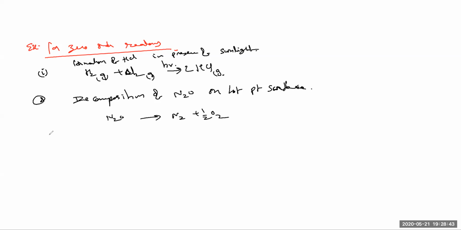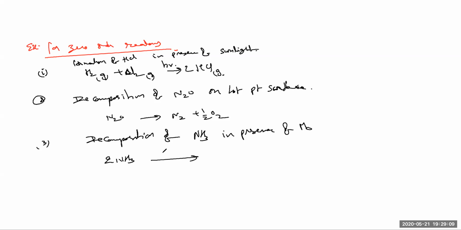Next, third one, decomposition of ammonia, NH3, in presence of molybdenum, Mo. So 2NH3 gives N2 plus 3H2, zero order.